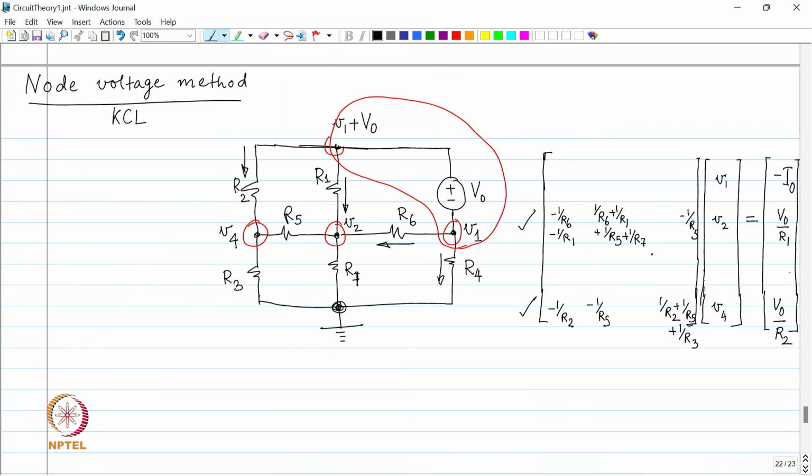Fine. So, this is going to be my third equation, in fact my row number 1.